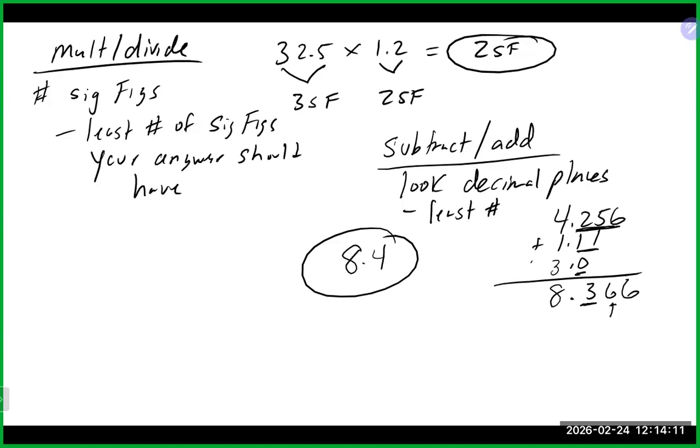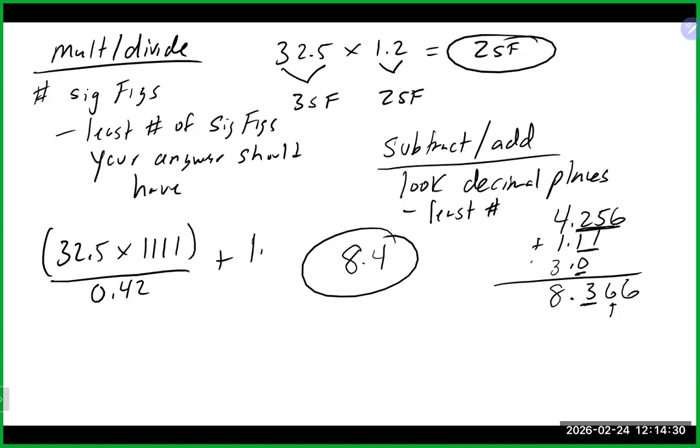You do need to keep track of all your sig figs as you go through the calculations. So if you're doing some type of combo deal, you've got to kind of figure it out. So for example, if we were doing something like this, then we're going to have plus like 1.1113.